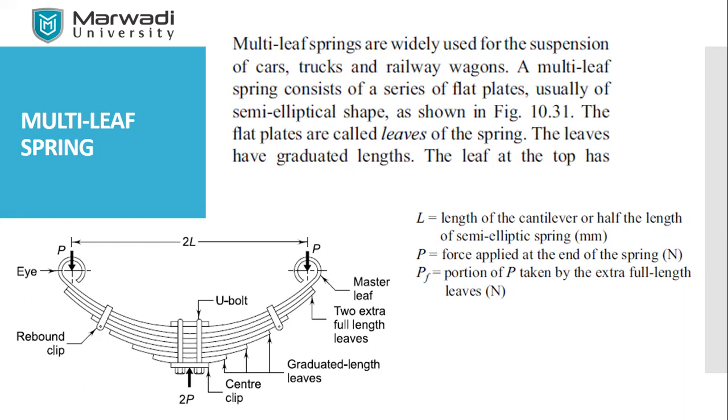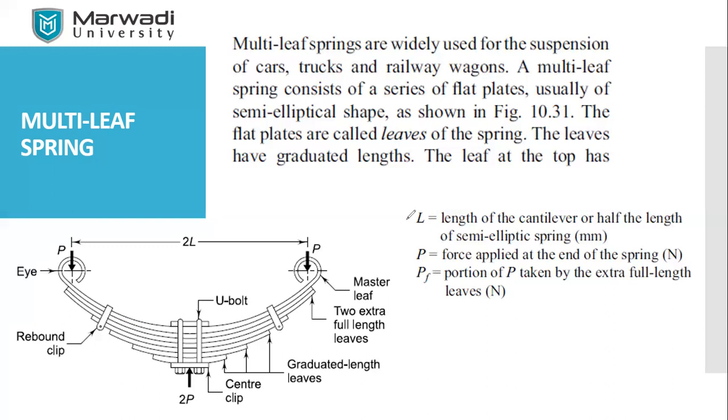A multi-leaf spring consists of a series of flat plates, usually of semi-elliptical shape. You will see the shape of this spring is semi-elliptical. There are multiple flats, which are generally called leaves of the spring.